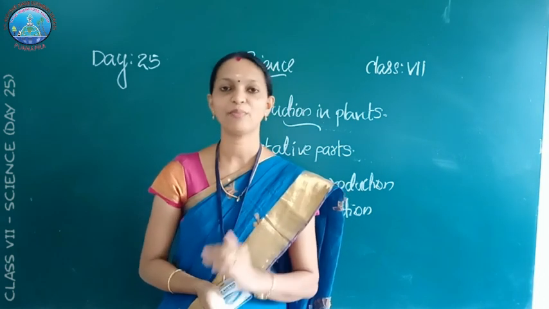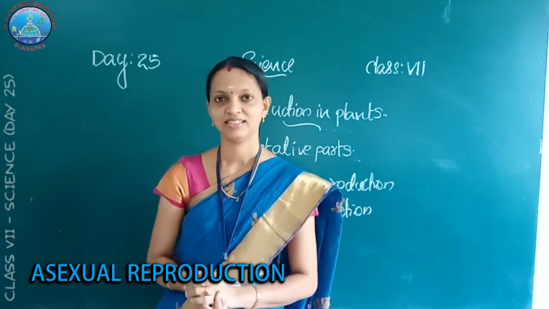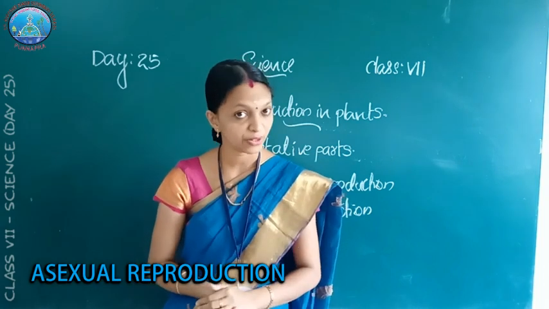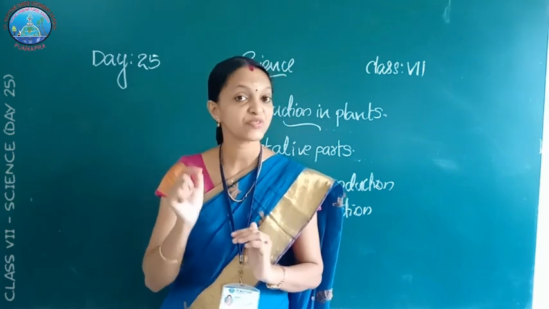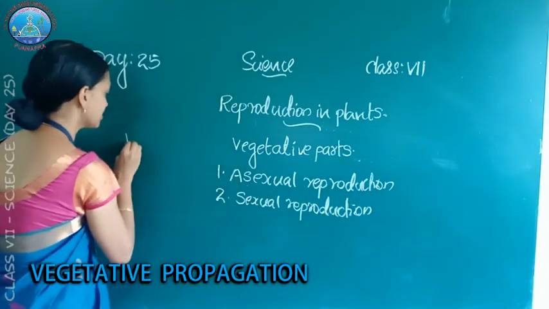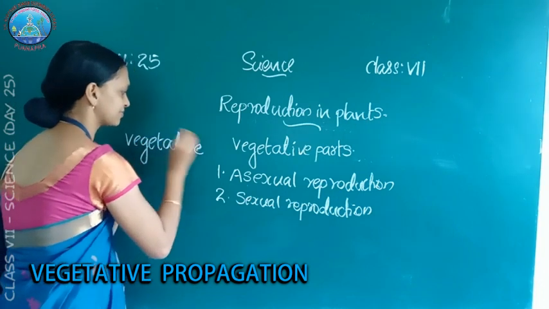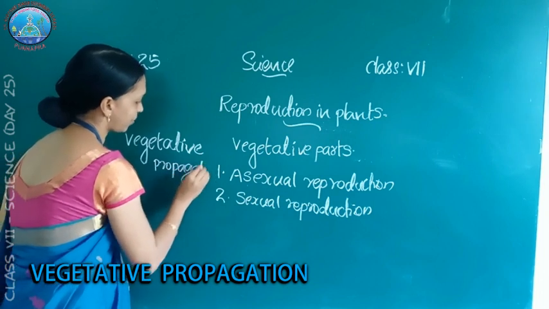Let us study one by one. The first one is asexual reproduction. In asexual reproduction, plants give rise to new plants without seeds. In asexual reproduction, first we discuss vegetative propagation. What is vegetative propagation?